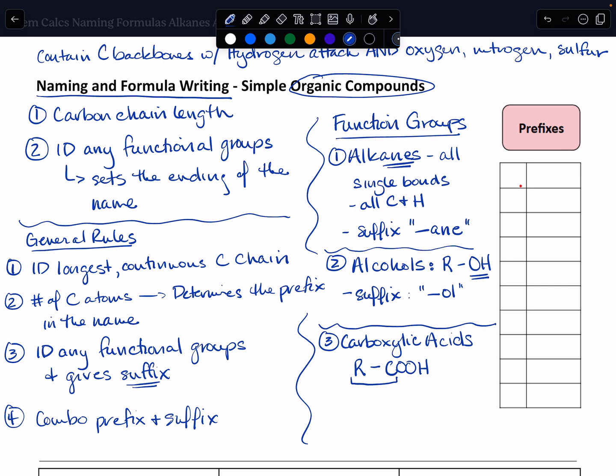Don't forget that guy. All right. And this piece looks like this, carbon, double bond oxygen, OH group out here. All right. That's what that functional group looks like in terms of structure. All right. Now our suffix, let me try that again.